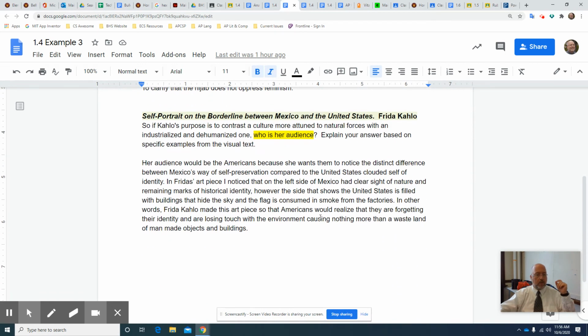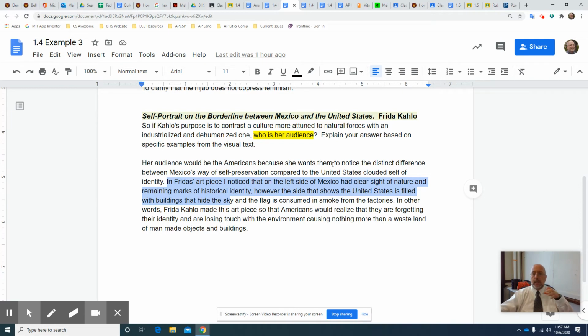Number 3, here's another one I noticed. In Frida's art piece, I noticed that the left side, Mexico, had a clear slice of nature and remaining marks of historical identity. However, the side that shows the United States is filled with buildings that hide the sky. All right, those are getting on the identifying the specific elements piece. A little vague, but it's getting a lot closer.